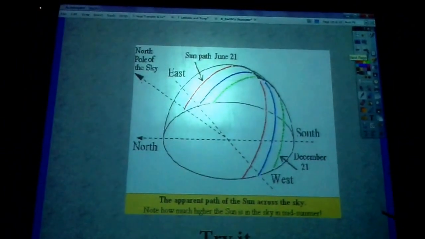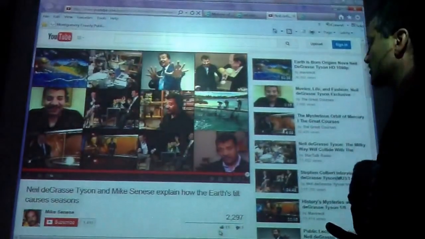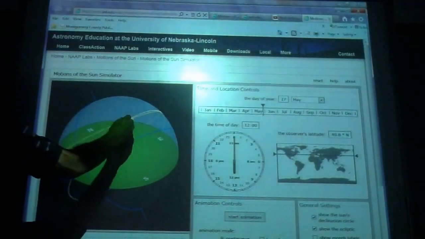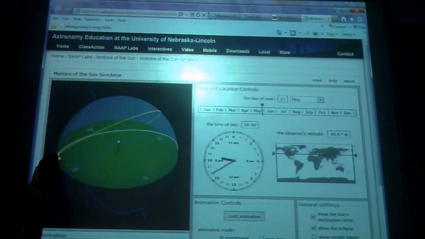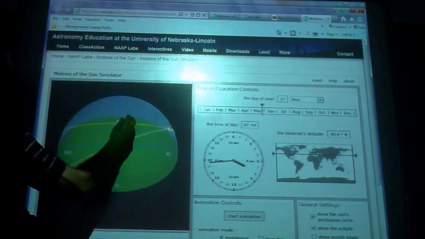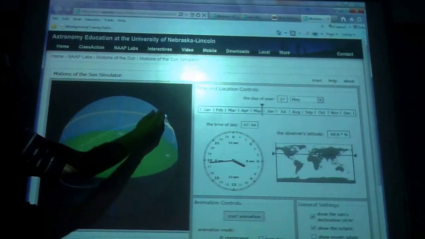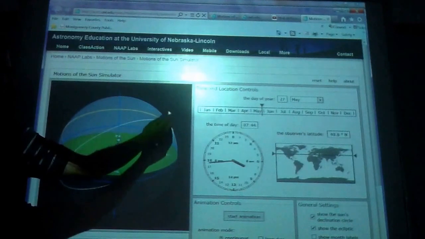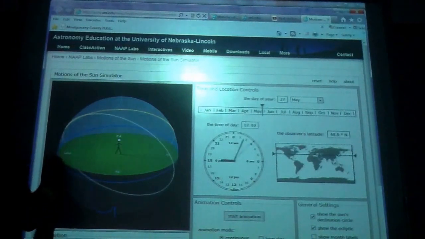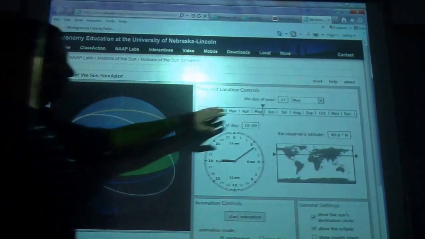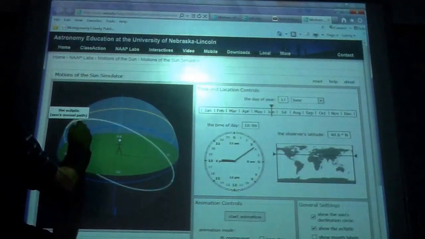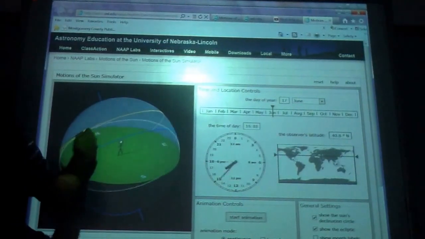The path of the sun is different in different seasons. So if we take a look at that, we can see that the sun rises in the east and sets in the west, and this is sort of May and mid-June, where the sun gets pretty high up into the sky at noon.